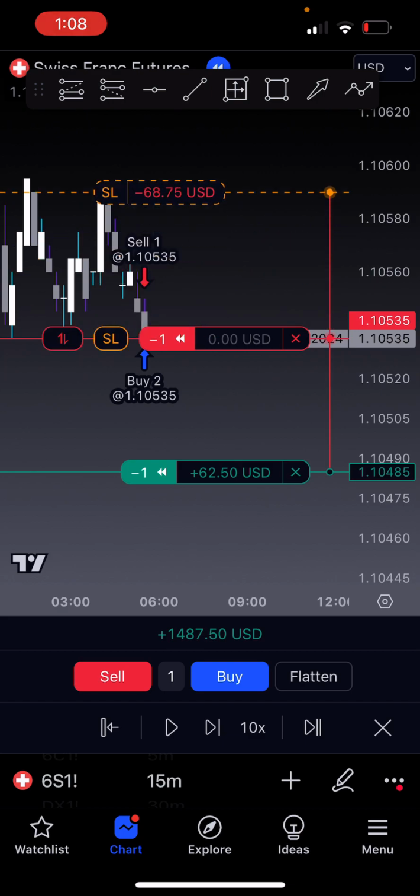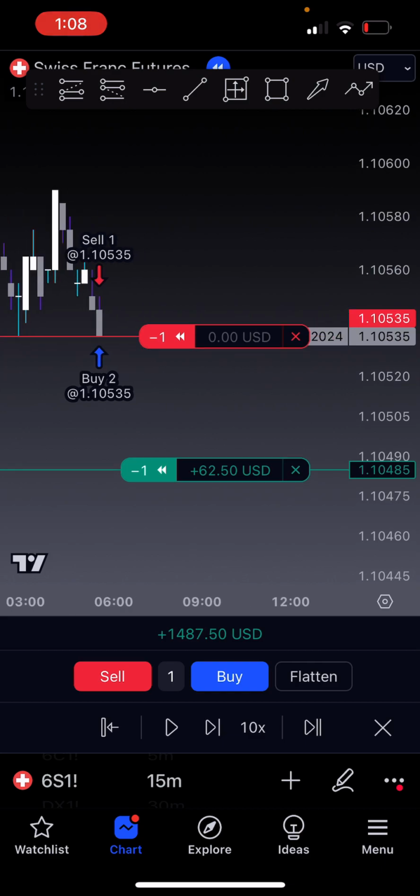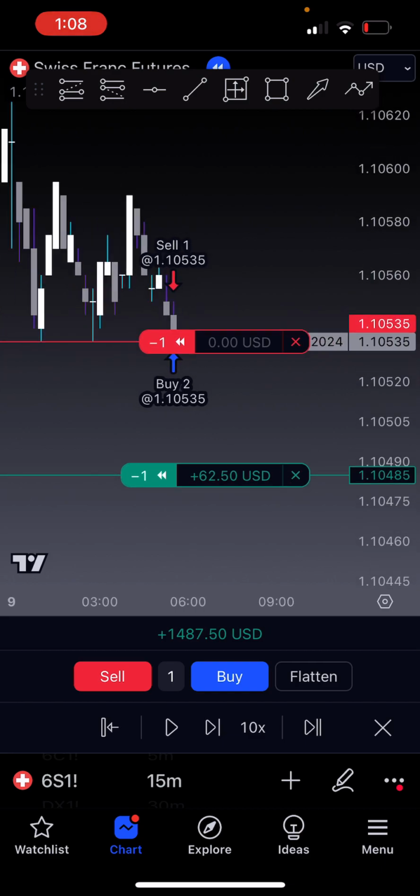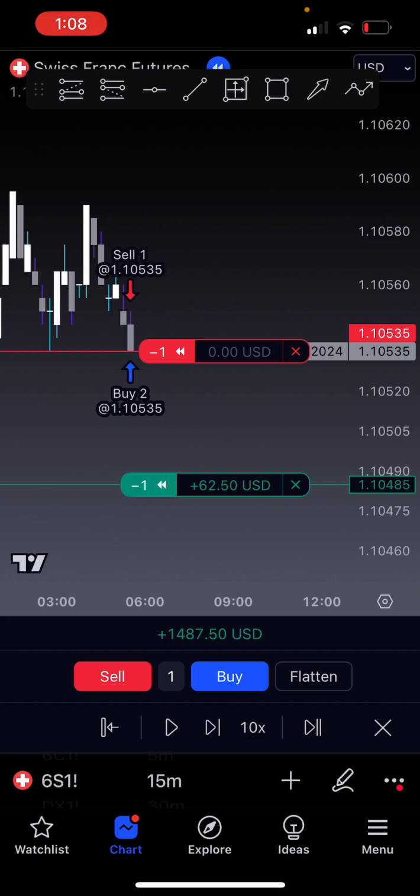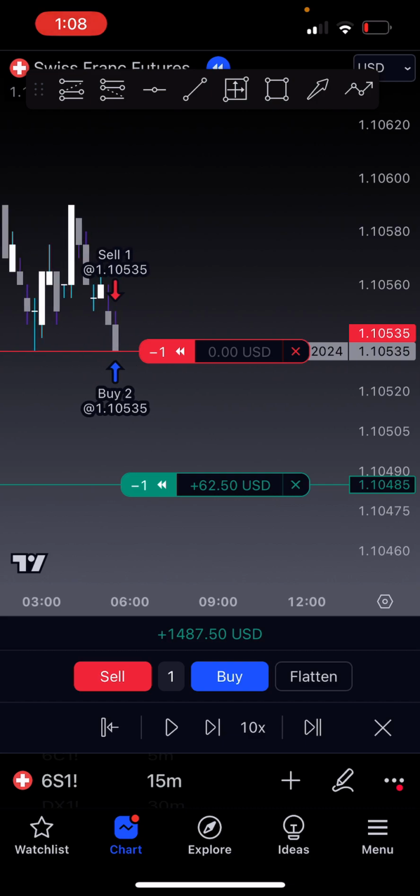But again, the tolerance on how much you lose depends on the trader. It's subjective for every trader. Me, I know that my account is basically my stop loss, right?